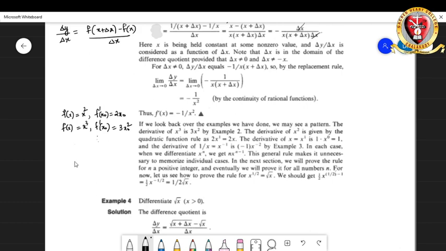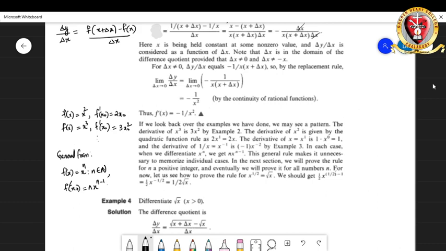So here you can have a general form which you already know, that if f of x is equal to x raised to n, where n is a natural number, you can say that the derivative of f at x naught is equal to n into x raised to n minus 1. So that is a general observation you can make from there.